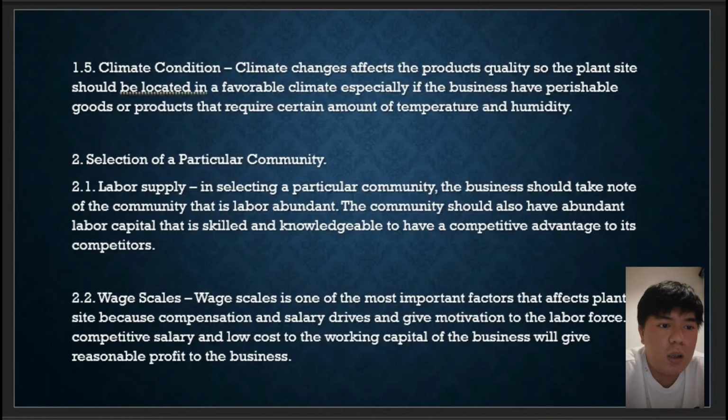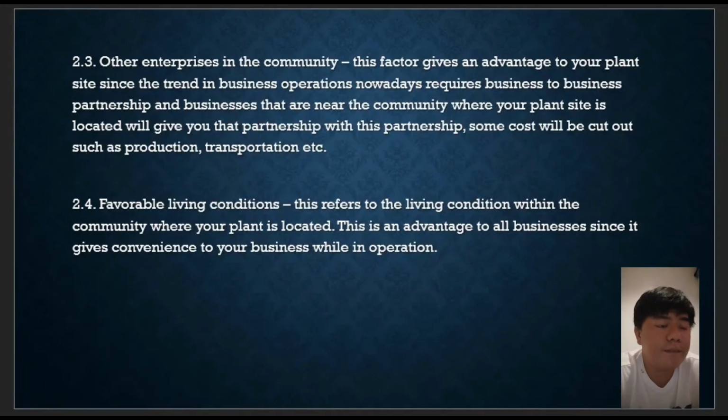Wage scale is one of the most important factors that affect plant site because competition and salary drive and give motivation to the labor force. A competitive salary and low cost to the working capital of the business will give reasonable profit to the business. So that's all. And 2.3, other enterprises in the community.